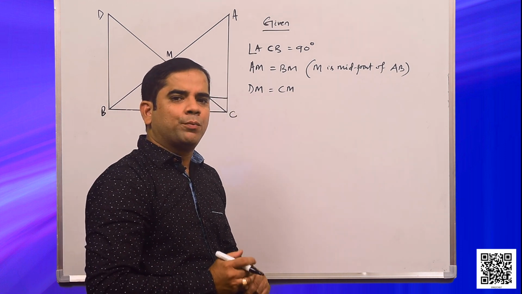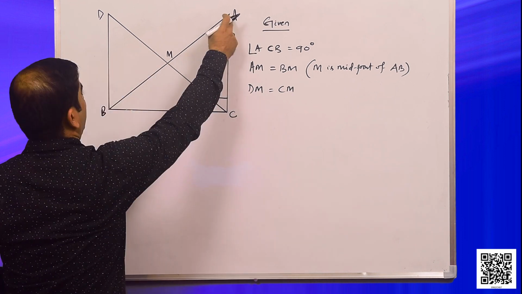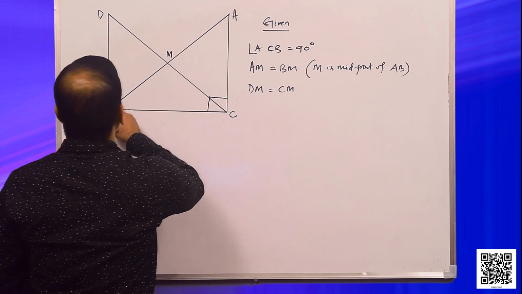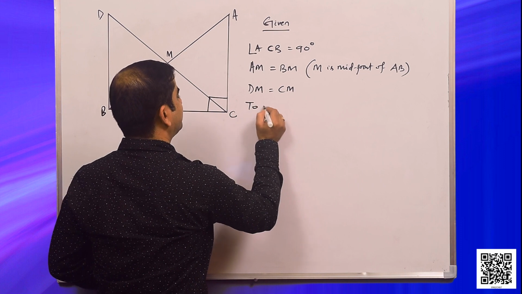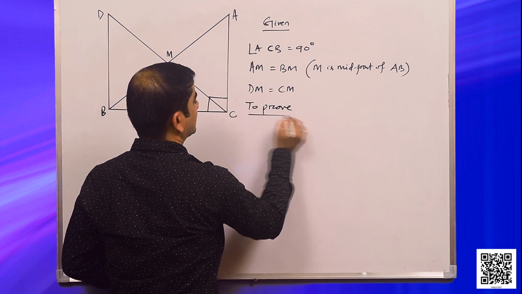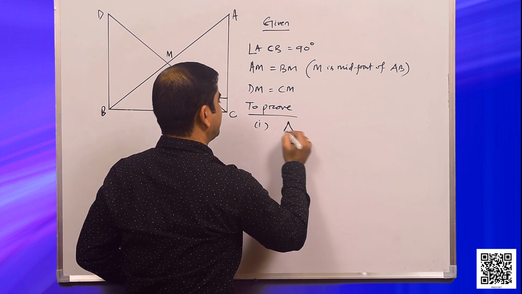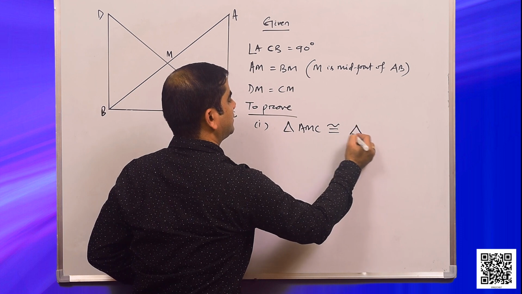And what we need to prove? First, triangle AMC is congruent to triangle BMD.